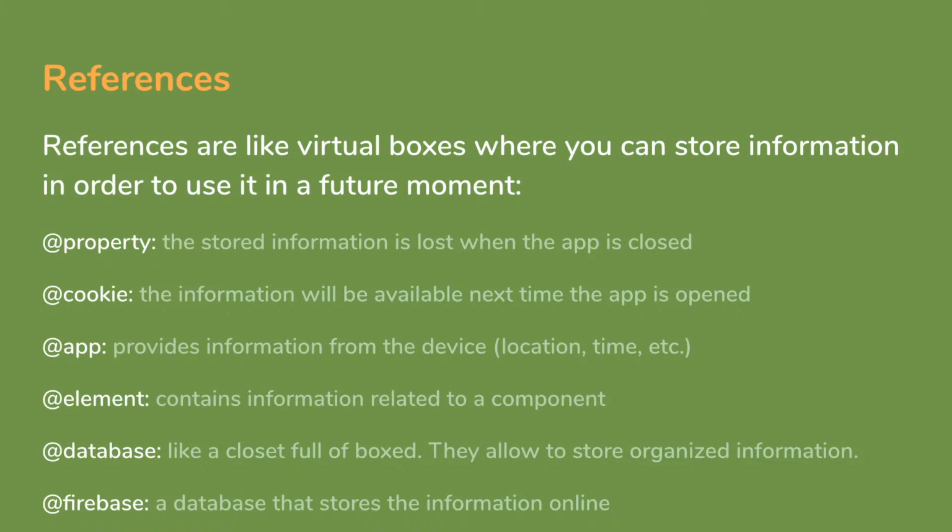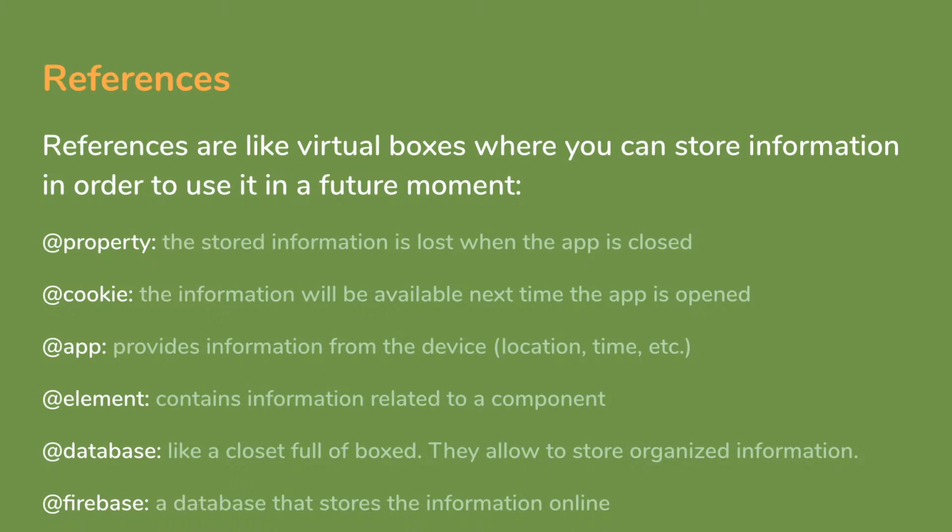Okay, so we have different types of references. We have properties, which are useful for storing data temporarily. So if we close the app, that data will be lost. Then we have cookies, and I guess you know what a cookie is, but cookies are references that keep information.